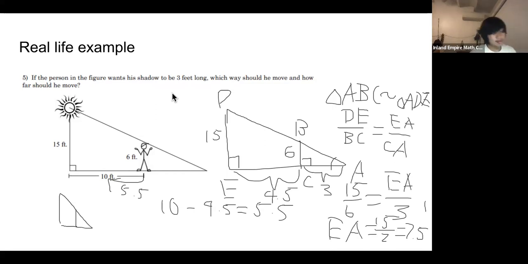You need to use geometry to find out which triangles are similar and which lengths correspond to each other, but you use algebra to use the ratios and turn them into actually usable information that you can figure out the other lengths with. So that is basically how you can solve a problem like this.